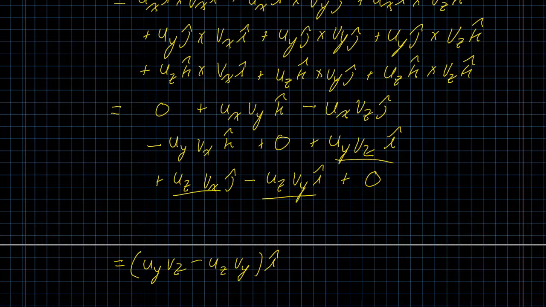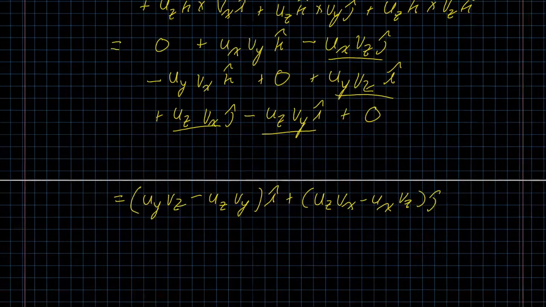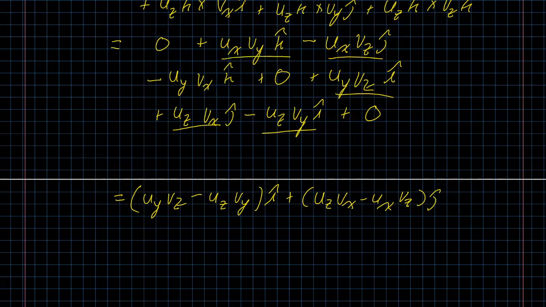We have uzvx and minus uxvz. That's all times j hat. And then we have uxvy and minus uyvx. That's all times k hat.